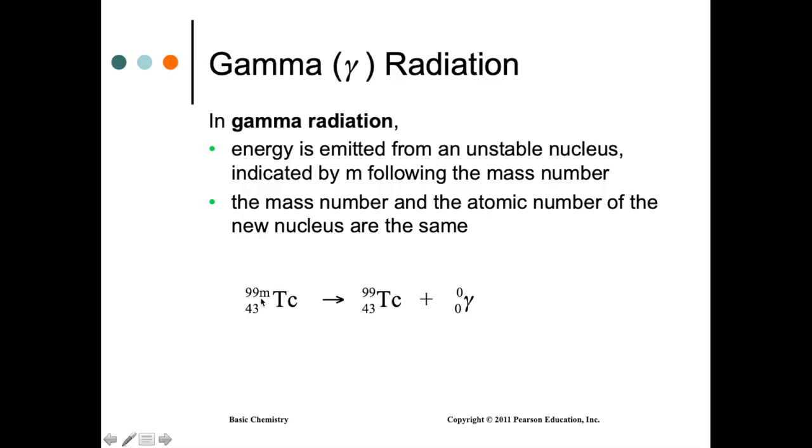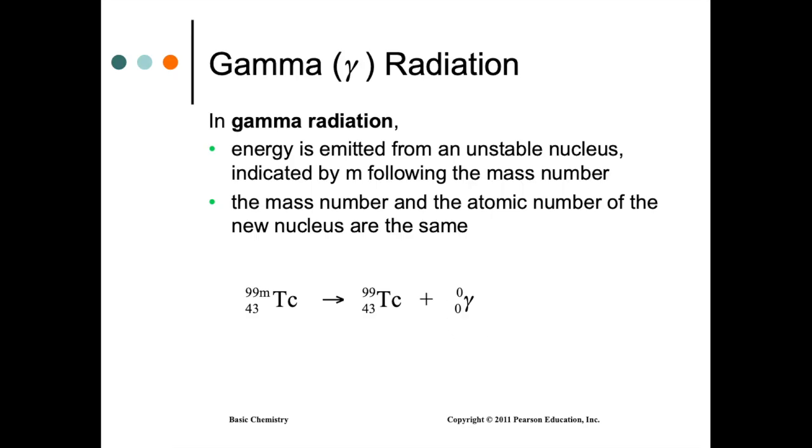So how do we show that it undergoes gamma decay? Well, we want to put a lowercase letter m in the parent nucleus to show that it is unstable. Okay, so next to the mass number, you write a lowercase m, and that tells us that this is an unstable version of this isotope. And as it becomes the more stable version that we just write out very simply as a regular isotope, we also have our gamma radiation listed on the product side, on the right of our nuclear equation.